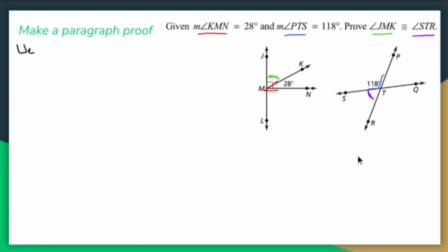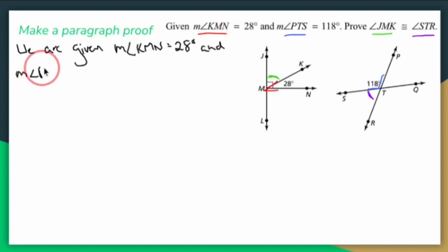No, trust me, no. The way that I'm doing it is correct, but certainly not the only way. So we are given that the measure of angle KMN is 28 degrees and the measure of angle PTS is 118 degrees. Period. End of sentence.